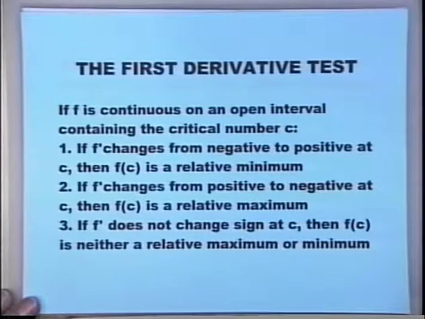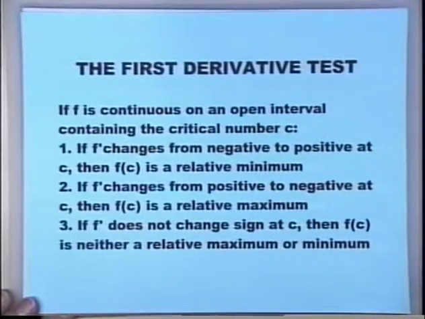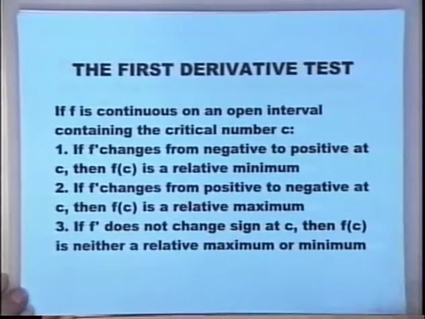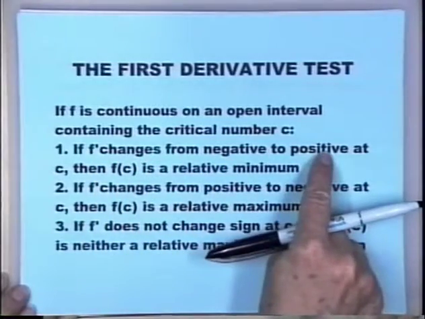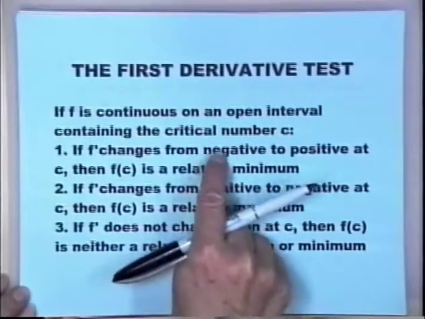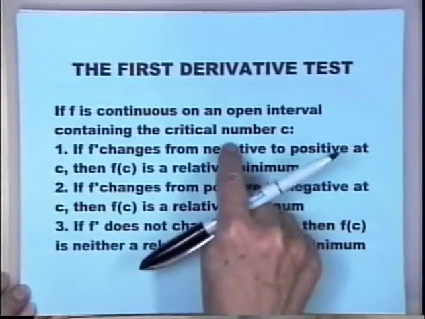We have a theorem called the first derivative test. If f is continuous on an open interval containing the critical number c, if the derivative changes from negative to positive at c, then f of c is a relative minimum. Negative to positive says you go from decreasing to increasing, so you went through a low point, a minimum.